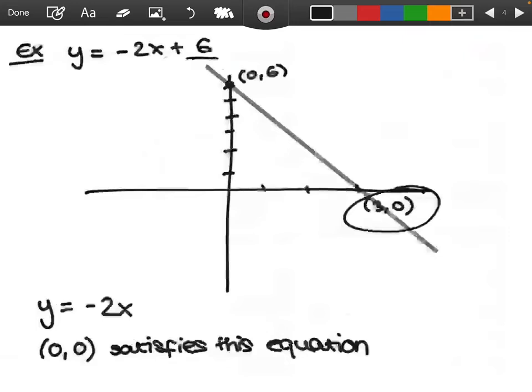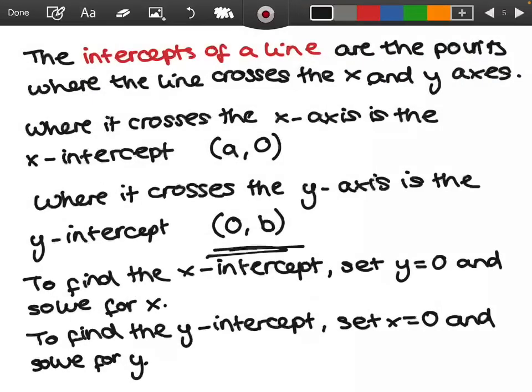Anywhere on the y-axis has a 0 x component. The x-coordinate is 0. I then just need to find the y-coordinate. So if I set x equal to 0 and solve for y, that will give me that constant b that we looked at here. If I solve for y, it will give me that constant b, and therefore I will find my y-intercept.